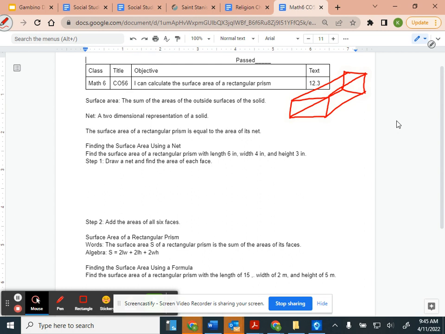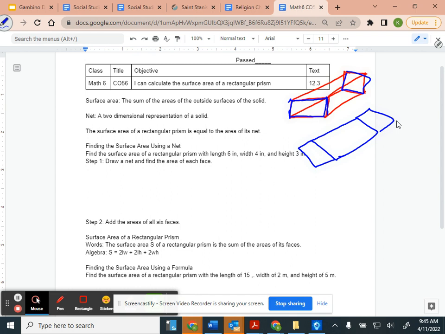So we're going to pretend like we are cutting it open. So if we cut on the sides, we want our rectangle base, or the bottom, sorry. So we have our bottom, then we have our base on this side, and our base on this side.